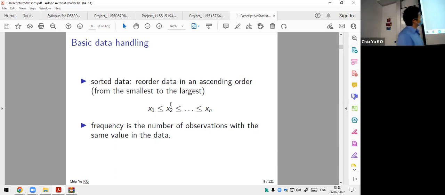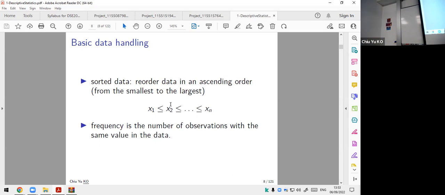And here we have two more notations. Sorted data, for our purpose, means we just sort from the smallest to the largest. Okay. Whatever data is collected, we just sort it from smallest to largest. In our examples, I think I always put them from smallest to largest, already sorted, to make it easier. But in modern Excel or modern software, you can easily sort the data, just one click.